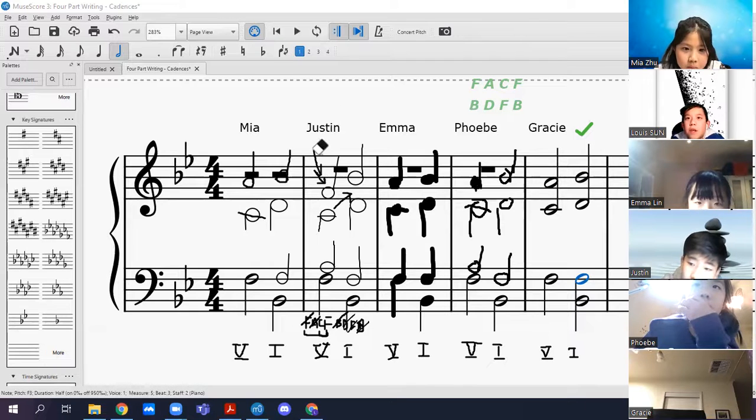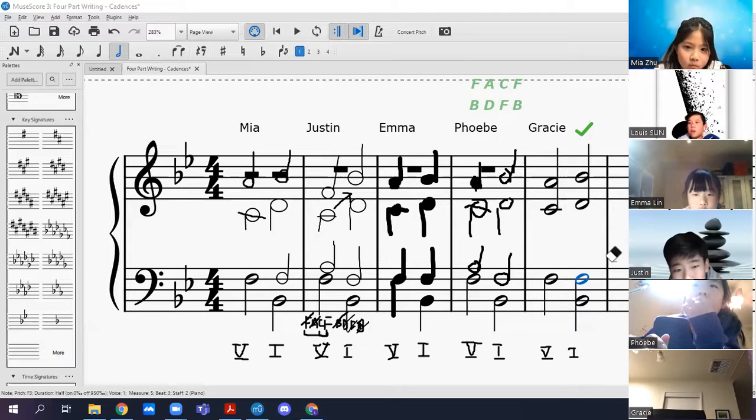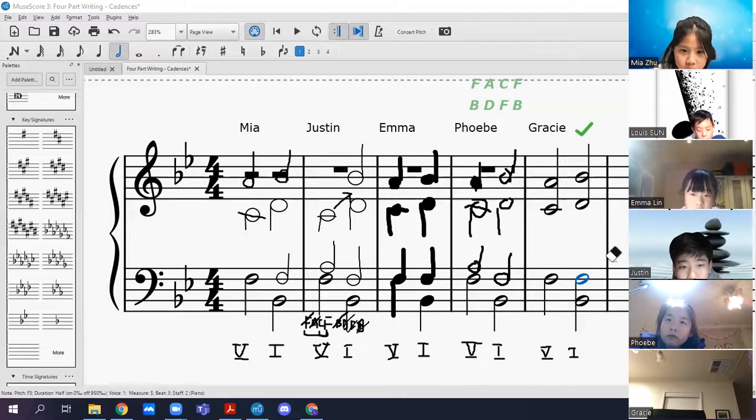The leading note in the soprano. And Phoebe, you're missing another F for your dominant triad. I mean, that's perfectly fine. Good job.